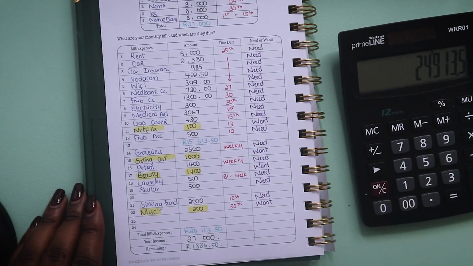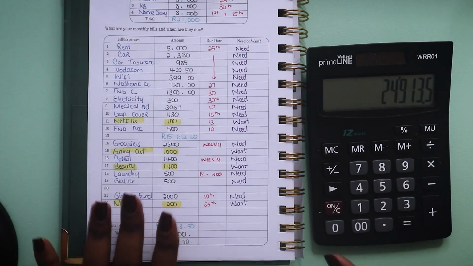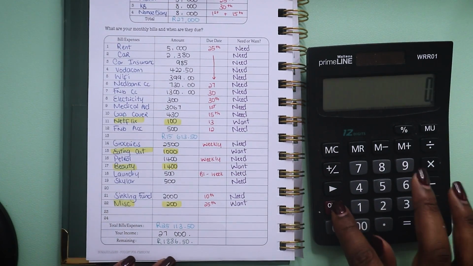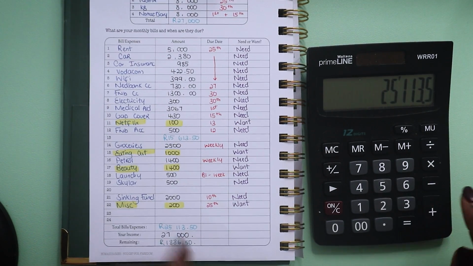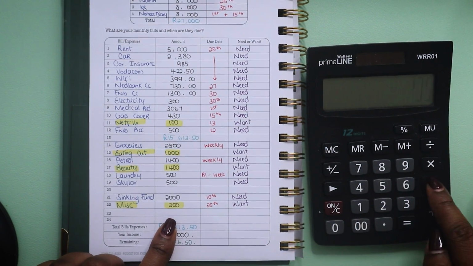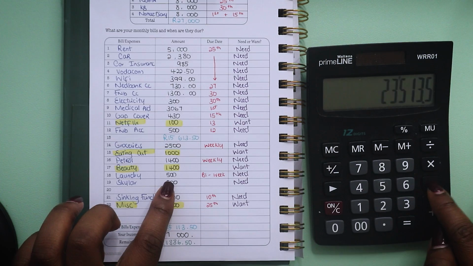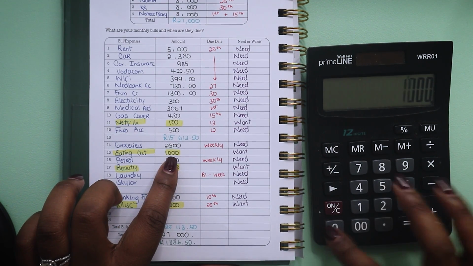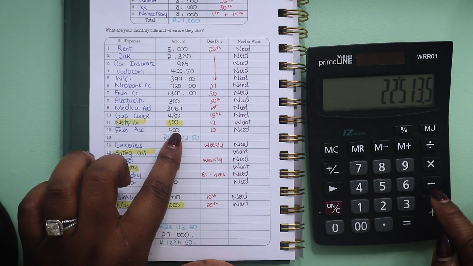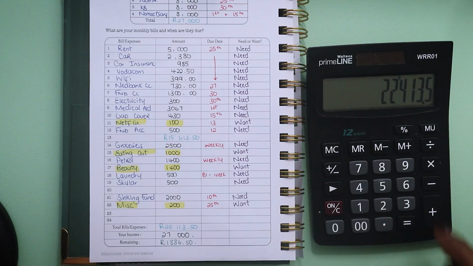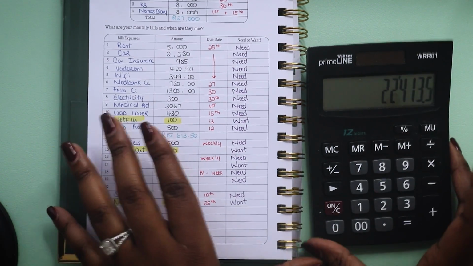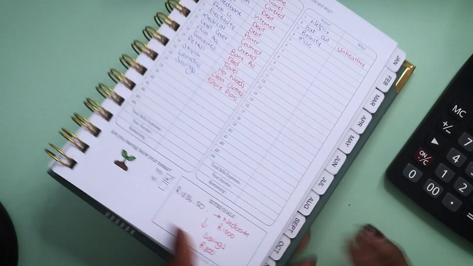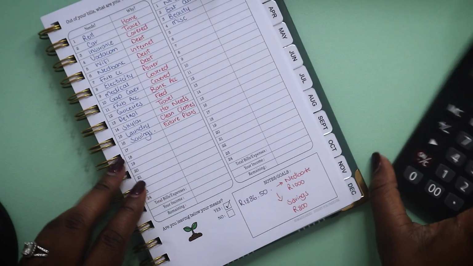Okay, so I've highlighted all my wants over here, and if I go the total amount of bills minus the wants, so minus 200, minus 1,400, minus 1,000, and minus 100, we are left with 22,413 as my needs.